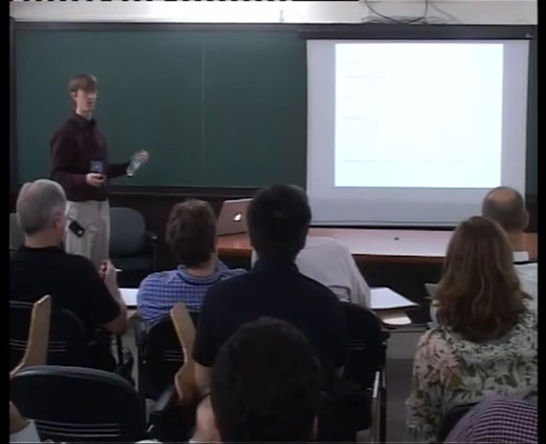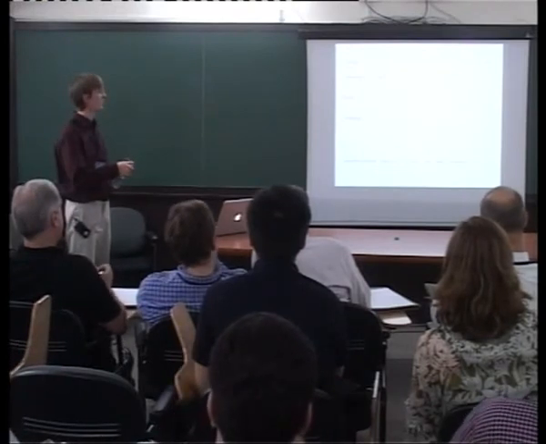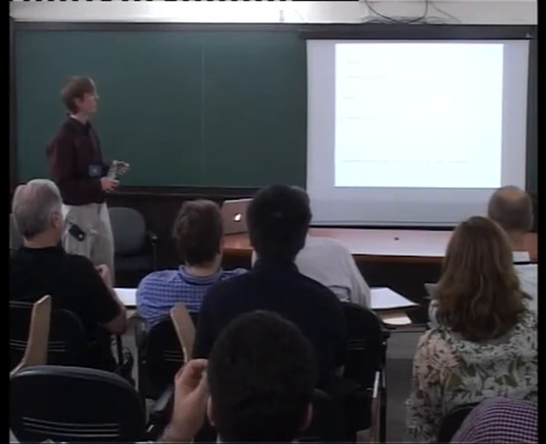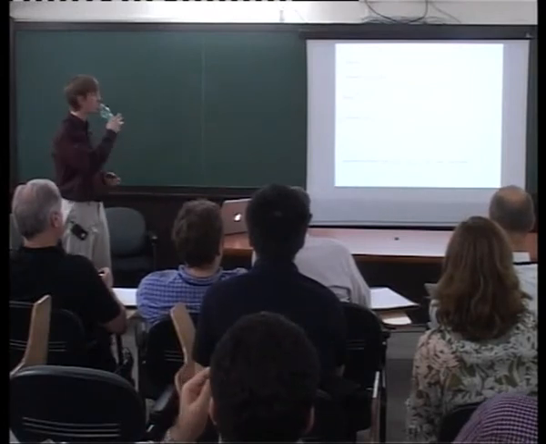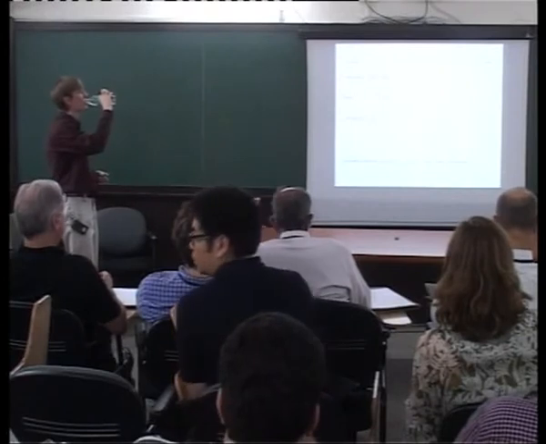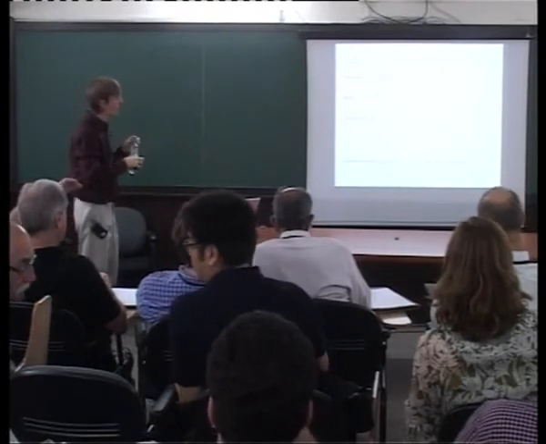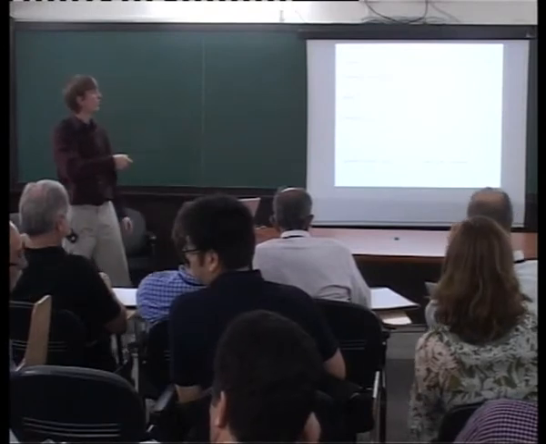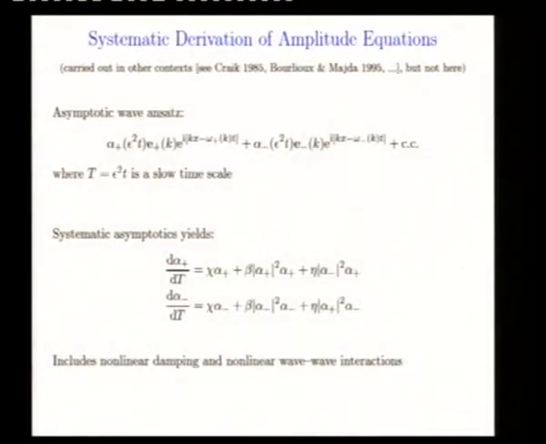But the way it works in these other contexts is that you have a wave ansatz for your eastward and westward propagating waves. So there is a wave amplitude that varies on a long time scale.